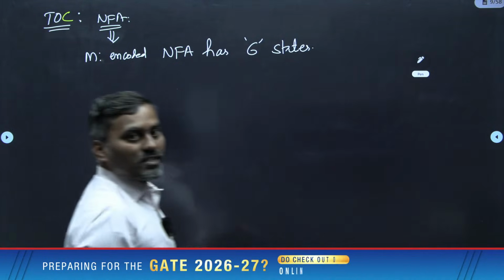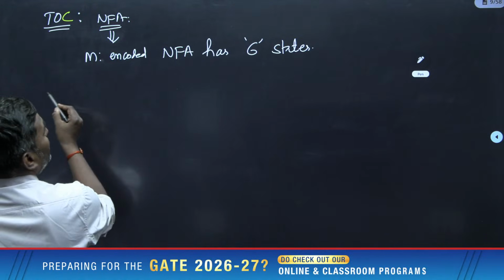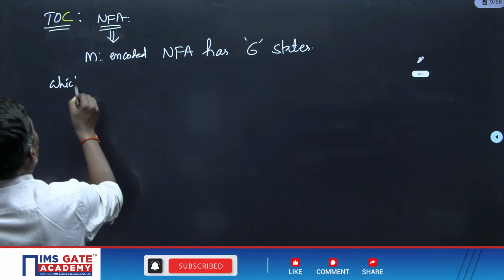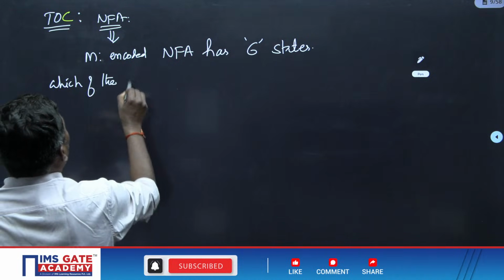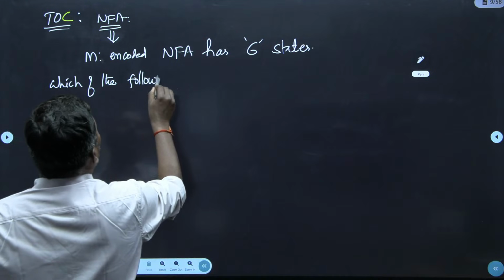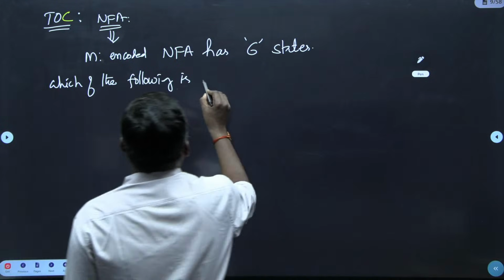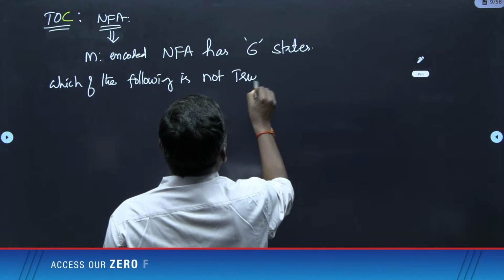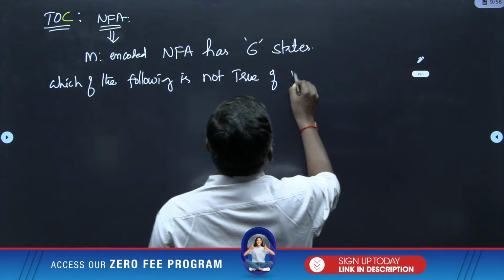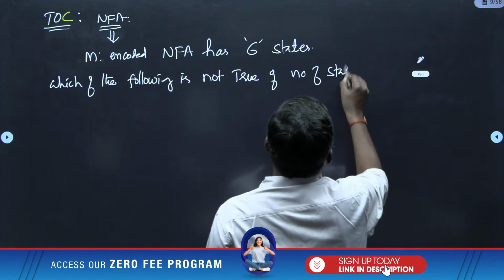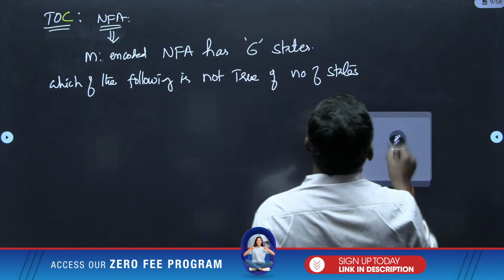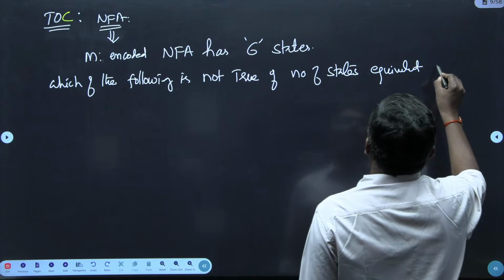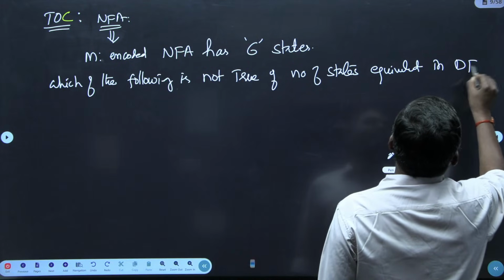Now this question is: which of the following is not true of the number of states in the equivalent DFA?